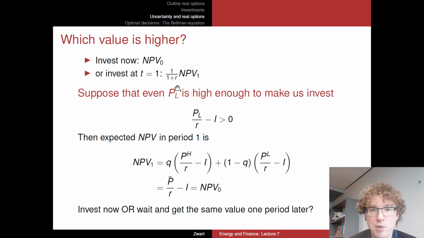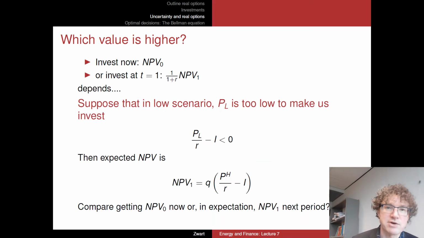So if we wait, we get 1 divided by 1 plus R, the discounted value of this thing, whereas if we invest today, we get this NPV right away, and we prefer to get it right away. So if in either case, PH or PL scenario, we are going to make the investment anyway, well then there is of course no point in waiting.